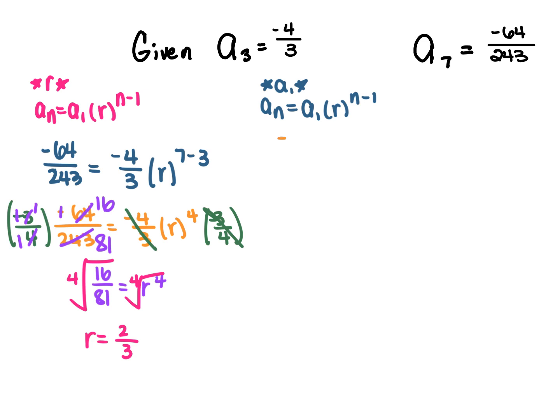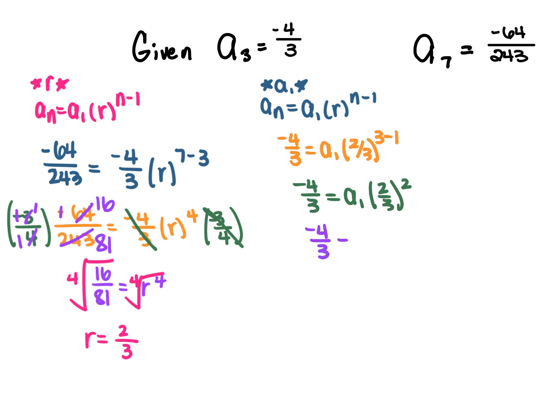That turns into negative 4/3 is equal to a sub 1 times r, which we said is 2/3, to the power of n minus 1, which is 3 minus 1. So this simplifies to negative 4/3 is equal to a sub 1 times 2/3 to the power of 2. The 2/3 squared is 4 over 9, so negative 4/3 is equal to a sub 1 times 4 over 9.